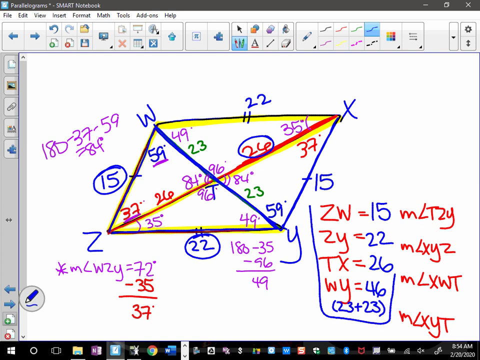Okay, so there's all those sides they asked me for. Lastly, we need to look at angles. Angle TZY, 35. XYZ. I have to put those two together and get 108.